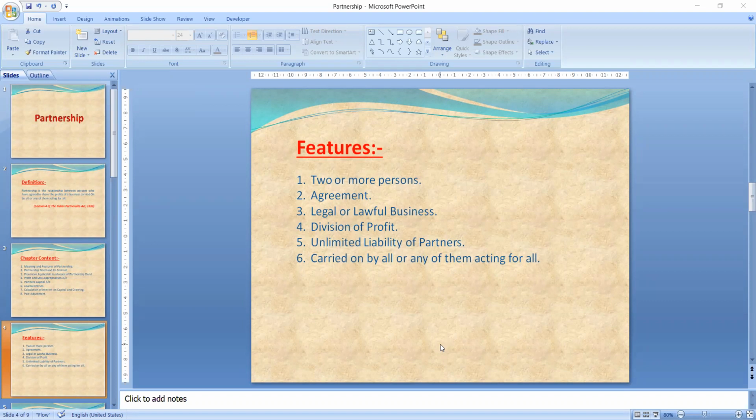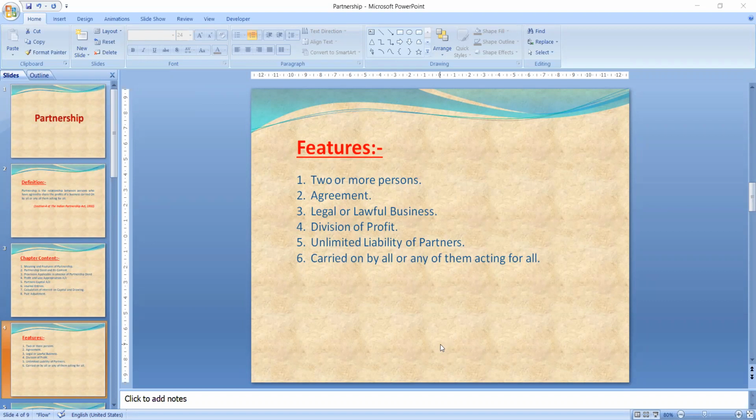The first thing here is that the partner is liable to pay from their personal assets, not from the company. Because as you said, if the partnership is going through hard times, it will not have enough assets to pay those liabilities.